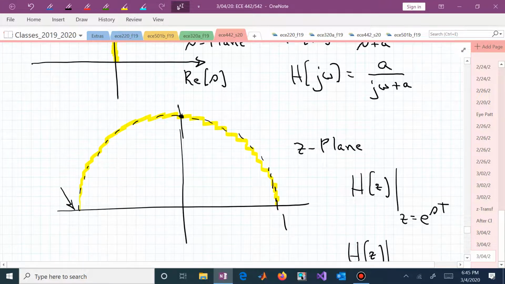Minus 1 could be thought of as an infinite frequency in the z-domain. That's as high as you can go. Now we've collapsed this infinite frequency axis in the continuous time setting into a finite little unit circle piece, a semicircular amount. And this actually corresponds to omega equal to omega sub s over 2.